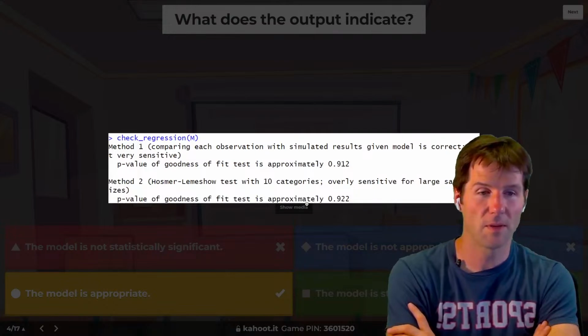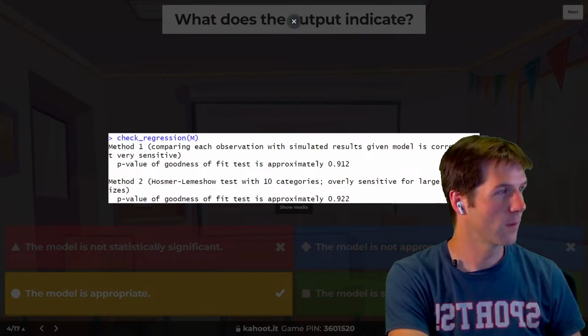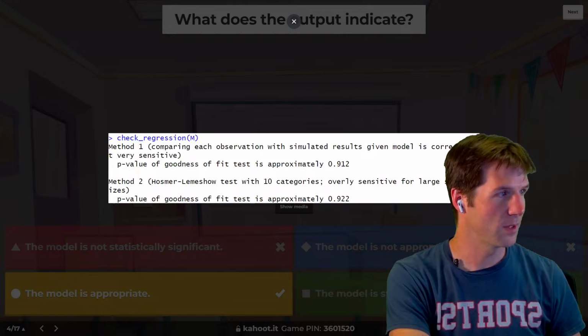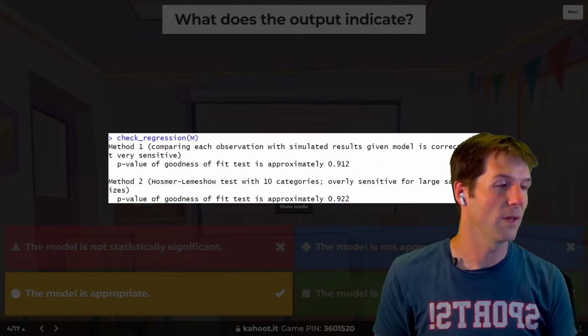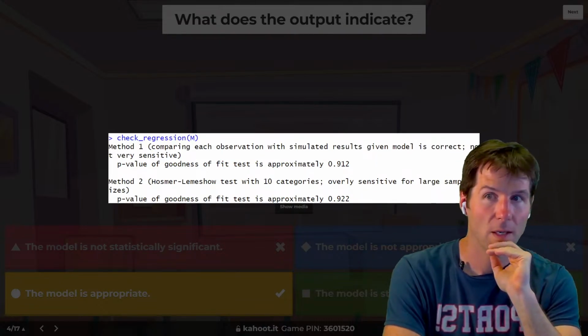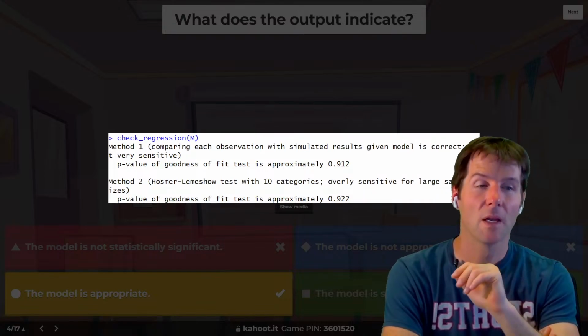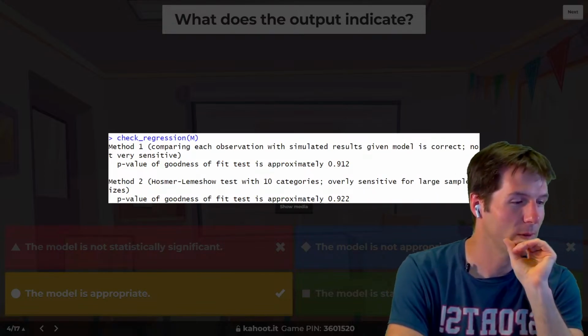So this is the output of a what right here? What is this the output of? Yeah, technically yes. It's the goodness of fit from what function? It's the goodness of fit from a what function?